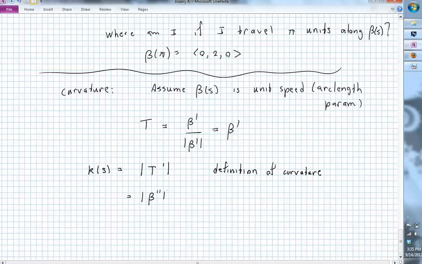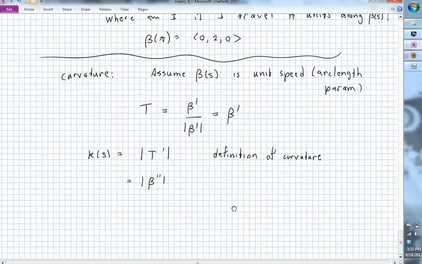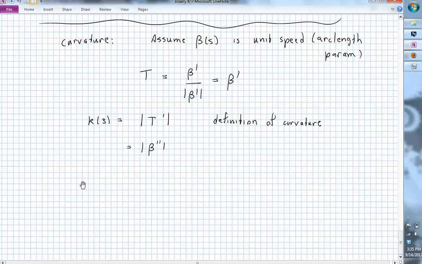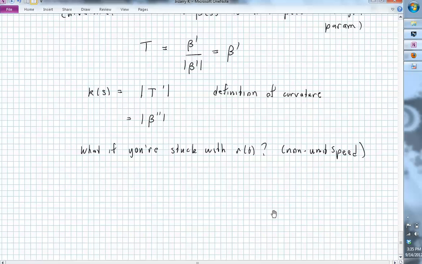I'm going to finish with how you find curvature if you don't have a unit speed curve. So what if you're stuck with R, the non-unit speed, annoying thing that it is?